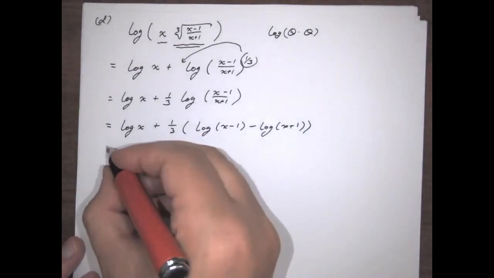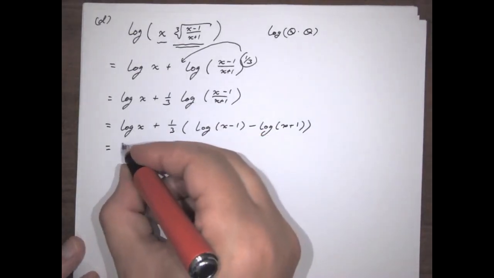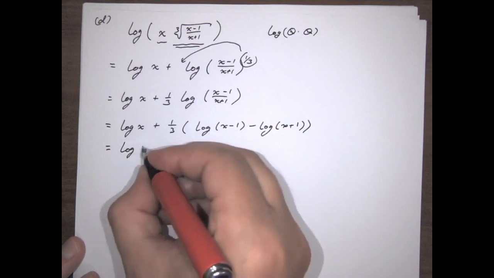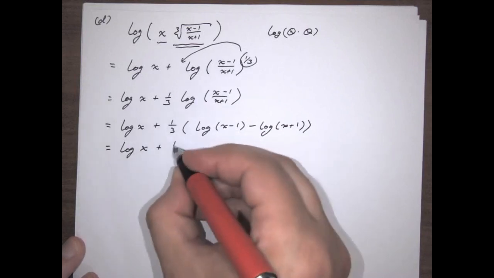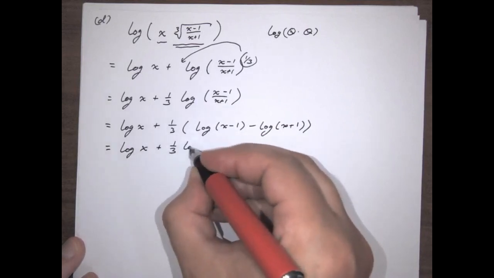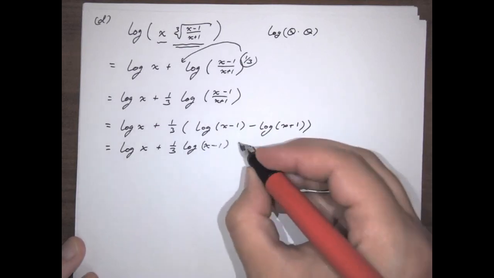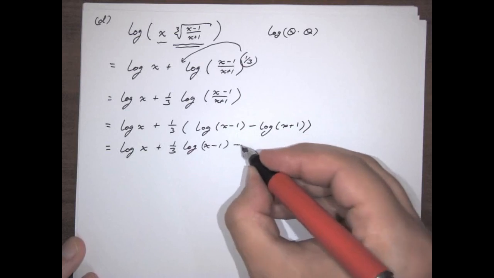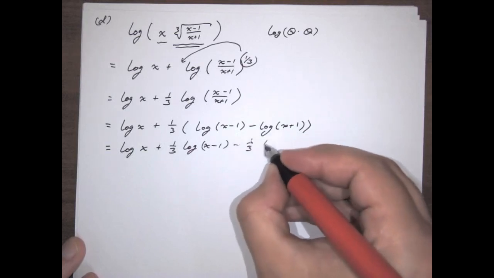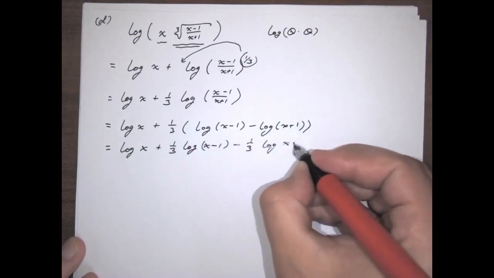And then finally that 1/3 can be multiplied in, so log x plus 1/3 log x minus 1 minus 1/3 log x plus 1.